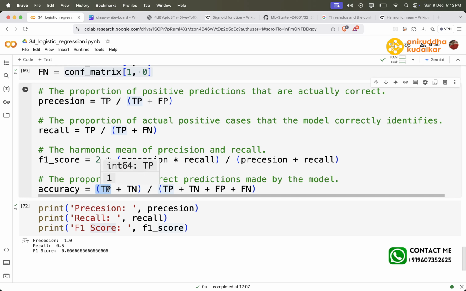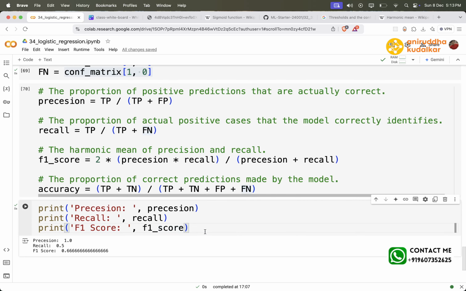Correct predictions means true positives and true negatives, upon all the predictions: true positive, true negative, false positive, false negative. That is the accuracy.